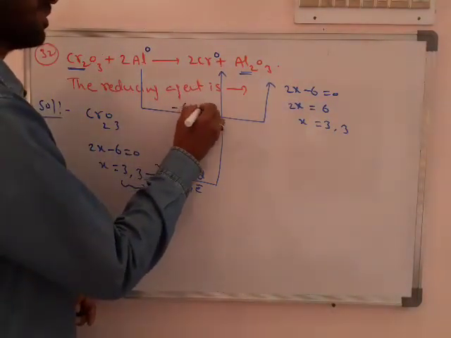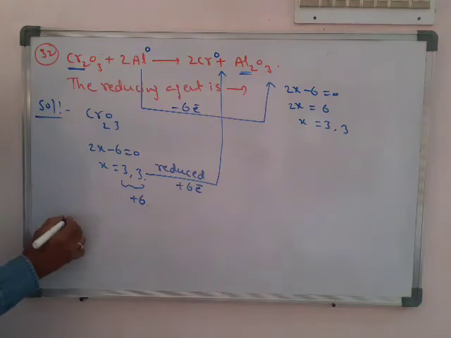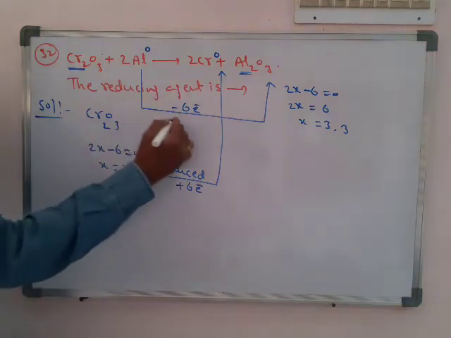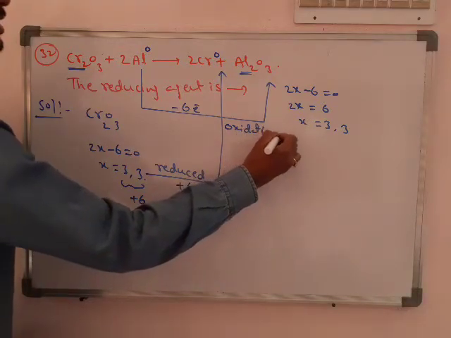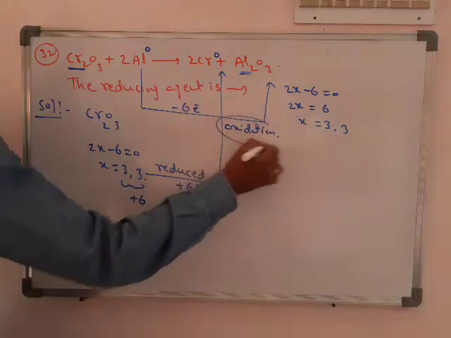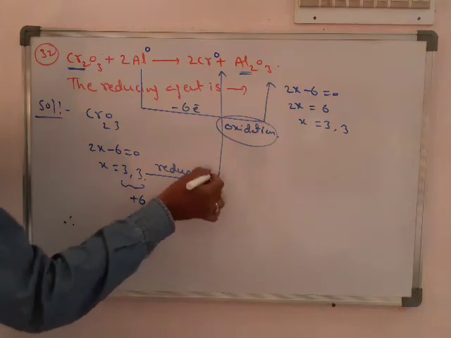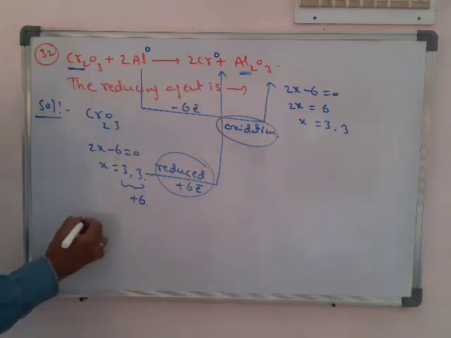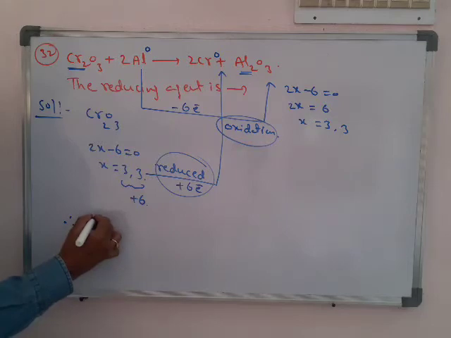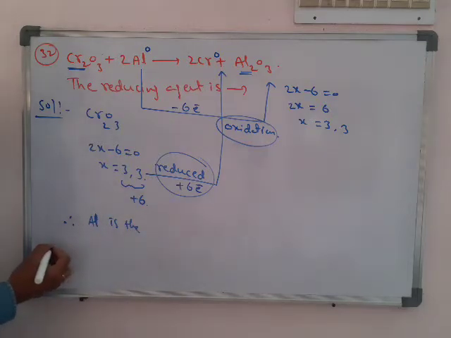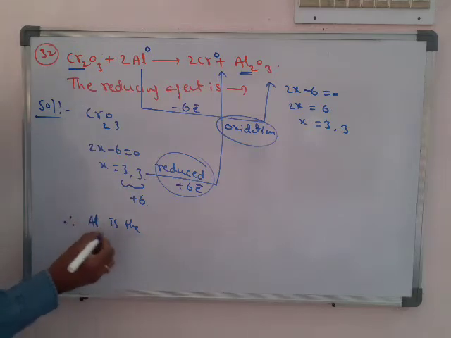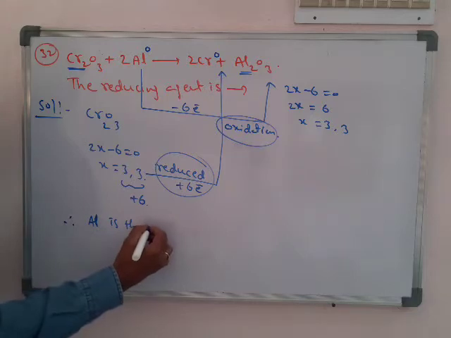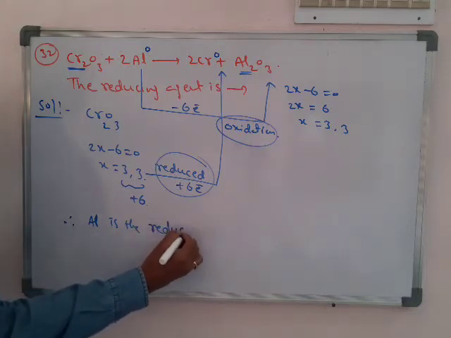This is minus 6 electrons totally. Therefore aluminium is oxidized. This is an oxidation reaction. Which is oxidized automatically reduces the other compound. So the answer is aluminium is the reducing agent. I don't know the exact option number.